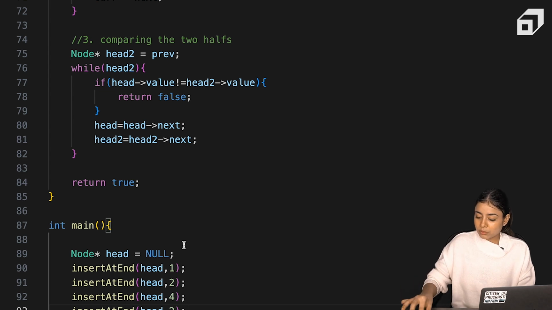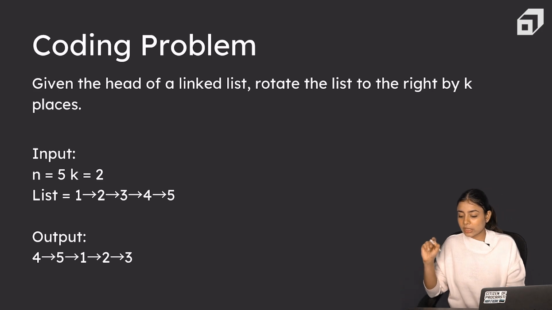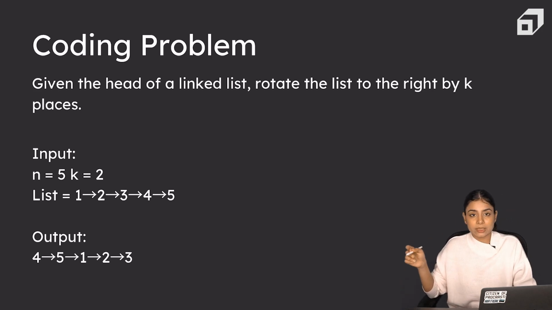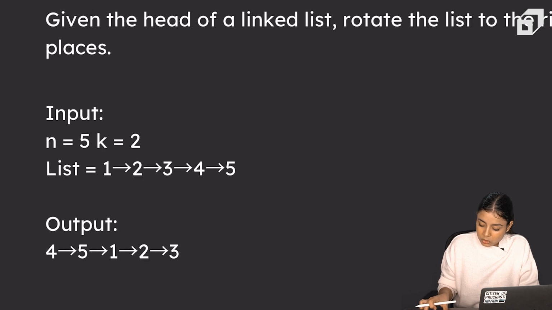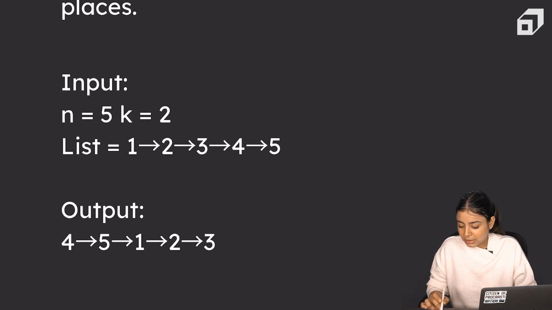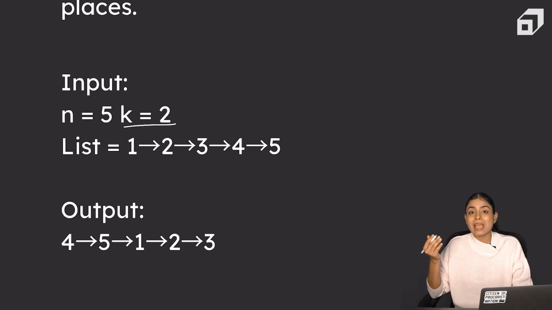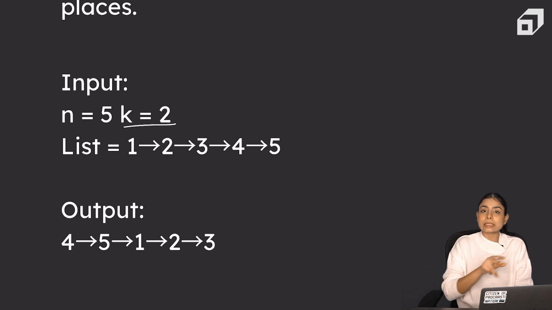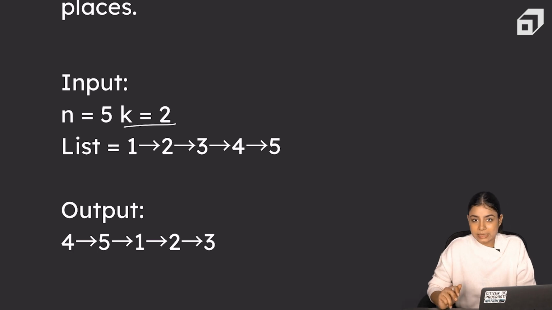Let's move forward to the next question, which is, given a linked list, rotate the list to the right by k places. So what this means is we'll be given some value k. For example, here it is 2, and we have to rotate the entire linked list by 2 places.